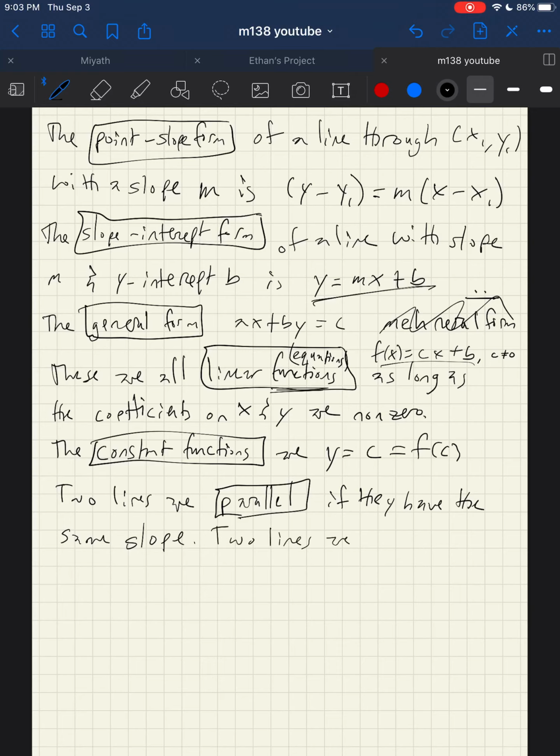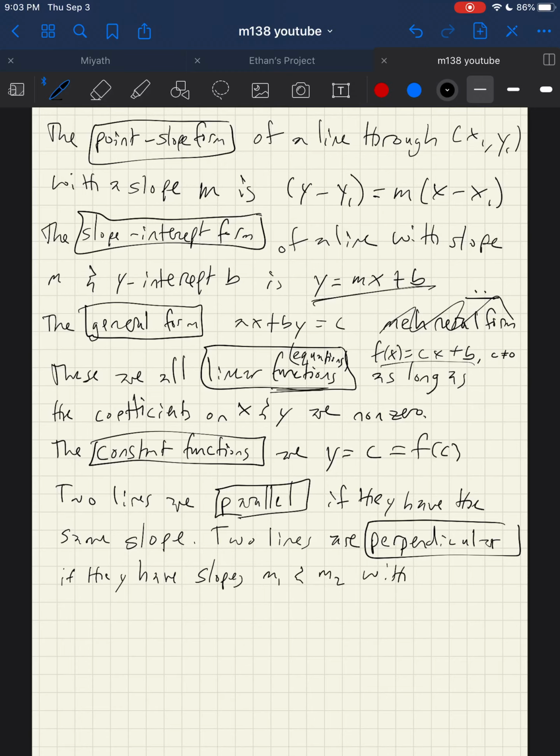Two lines are perpendicular if they have slopes m1 and m2 with m1 equals -1 over m2. That's what it means for things to be perpendicular.